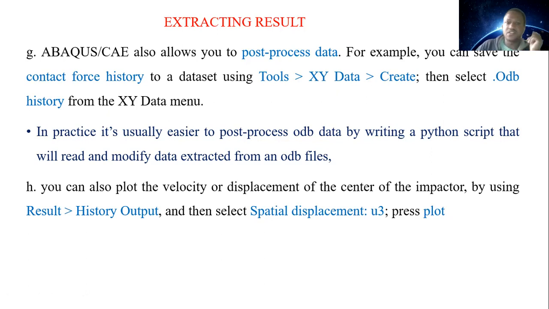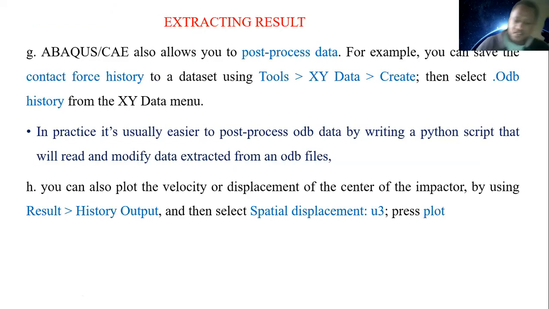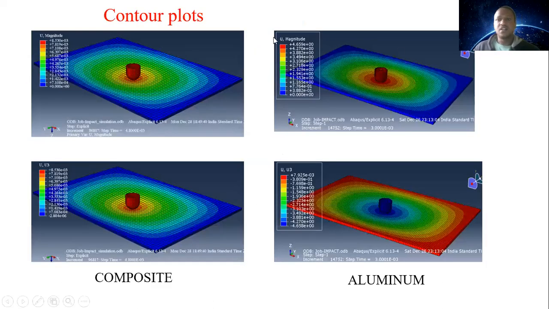In practice, it is usually easier to post-process ODB data by writing a Python script that will read and modify data extracted from the ODB files. So you can also plot the velocity, displacement, and other parameters which are already created. Based on that, I plotted for two types of run, one for a composite plate and another for an aluminum plate.